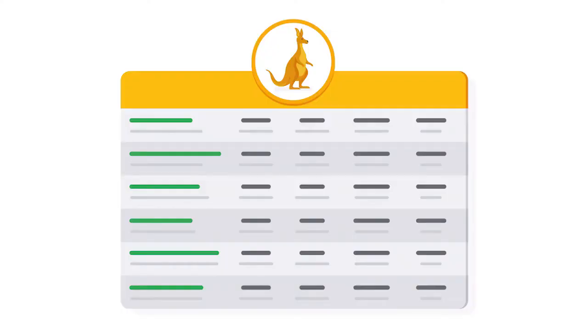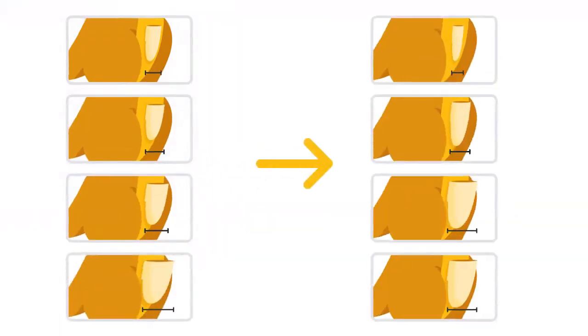The kangaroo dataset contains information about kangaroo characteristics like pouch size, tail length, total body length, and much, much more. The first data we'll consider is a data column measuring the volume of the kangaroo pouches in cubic centimeters. We can sort those values in ascending or descending order, from biggest to smallest or smallest to biggest.